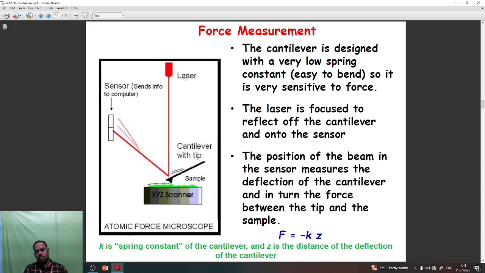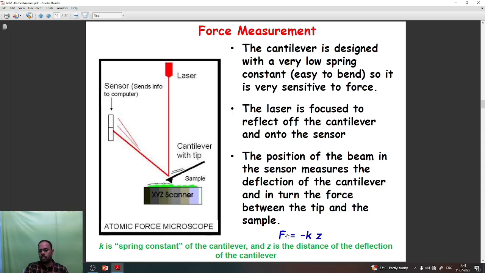The laser sends the beam to the cantilever tip, and the deflection in the laser beam is monitored through the sensor. The position of the beam on the sensor measures the deflection of the cantilever, which in turn monitors the force between the cantilever tip and the sample surface.